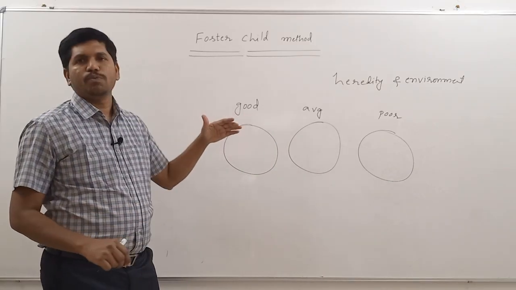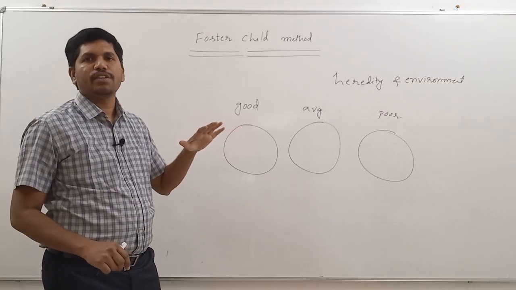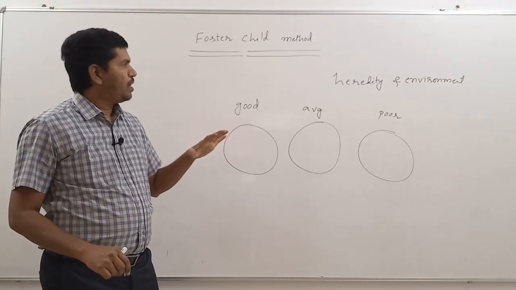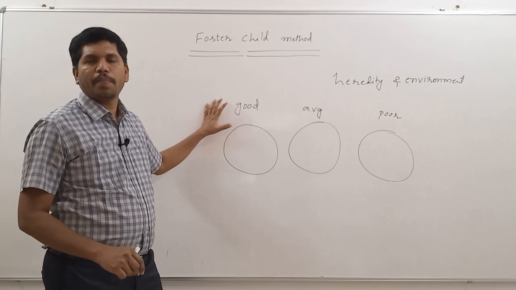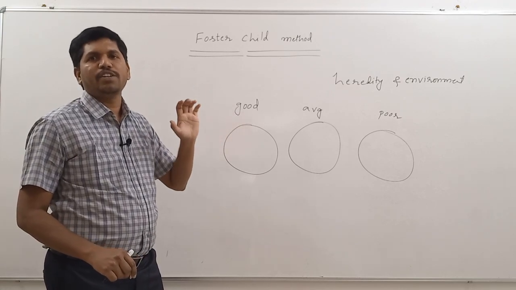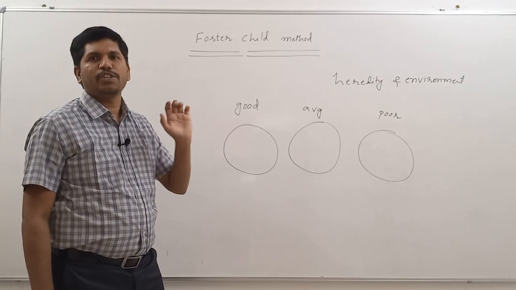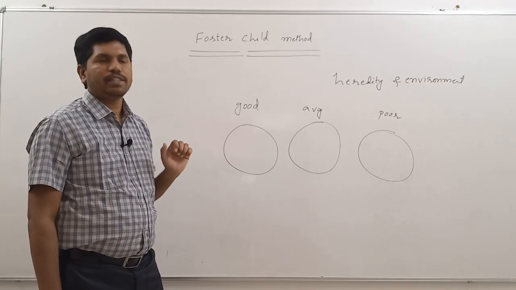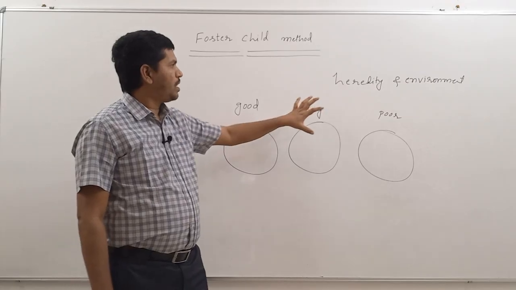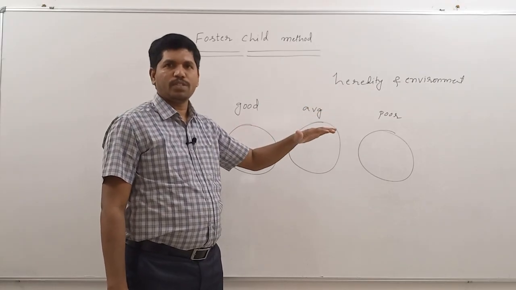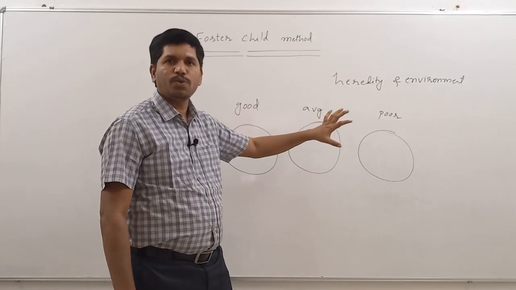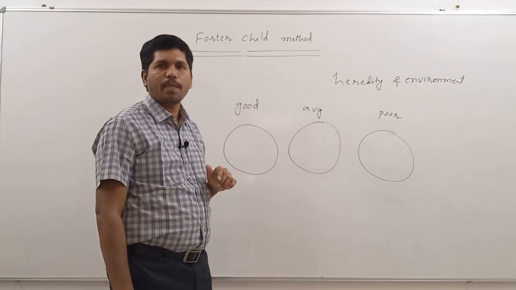In these three homes, the environment is different. In the good homes, there will be good ventilation, good lighting, good nutrition, good caretaking. And in the average homes, all those things are at average level. In the poor homes, they are at poor level.